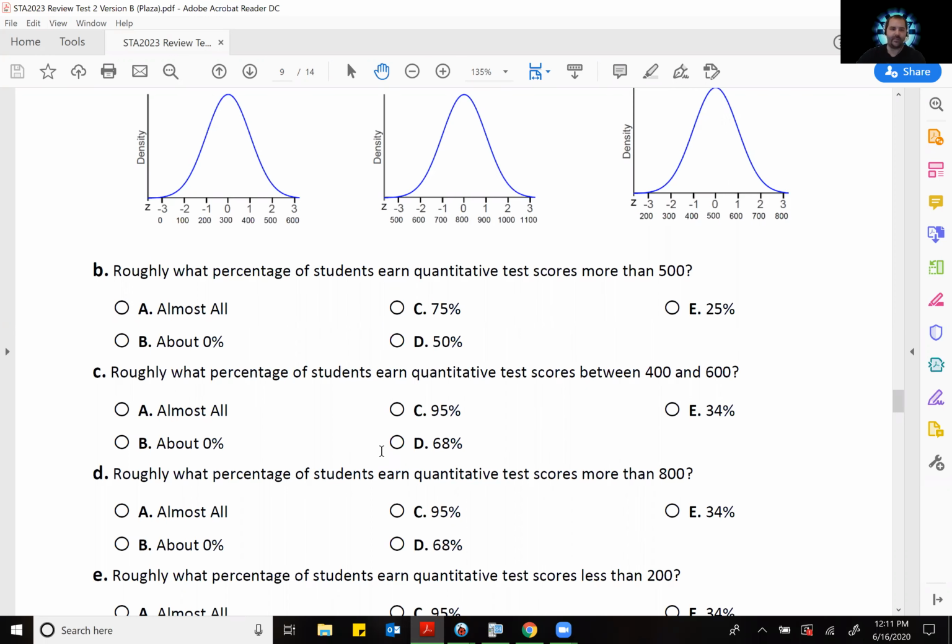So I don't have to flip back and forth, I'm going to write some of these down. So we want to be between, on the next one, between 400 and 600. And we'll get to that. And D, they want us to be more than 800, so greater than 800. E, they want us to be less than 200.